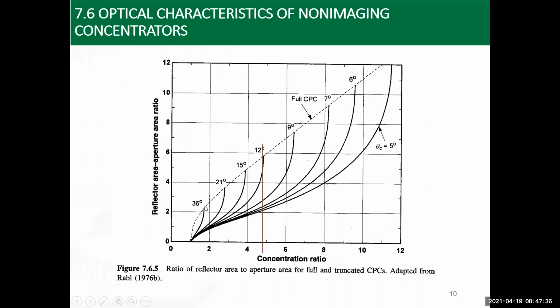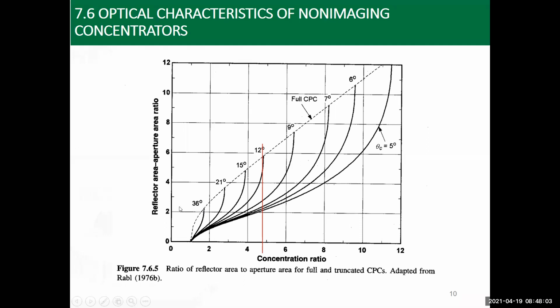This point is 36, this point is 21, so this point is closer to this. Maybe you can use a ruler to measure this dimension and that dimension and do some sort of ratio so that you can come up with a value which might not be exact, but will be close to 30.